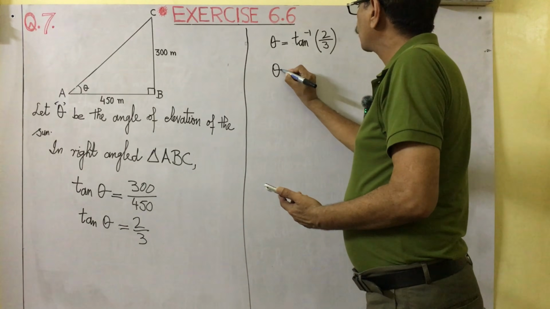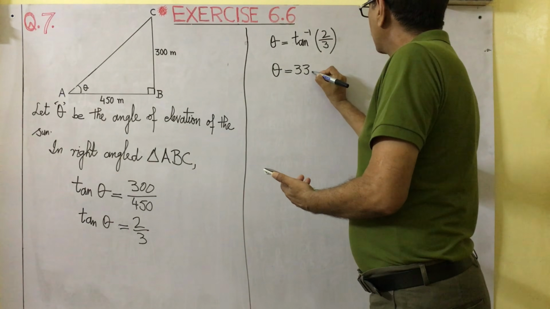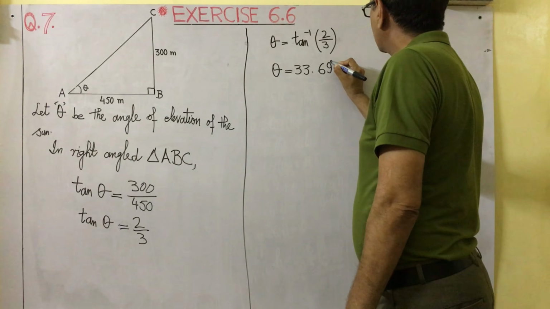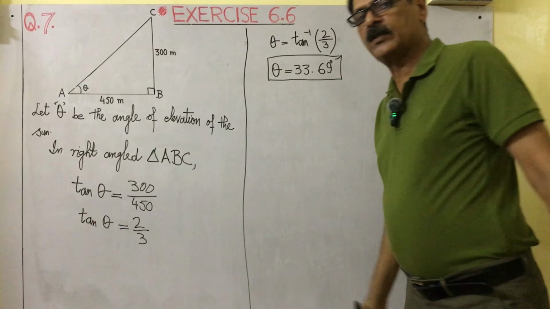So theta comes to be 33.69 degrees, which is the required angle of elevation.